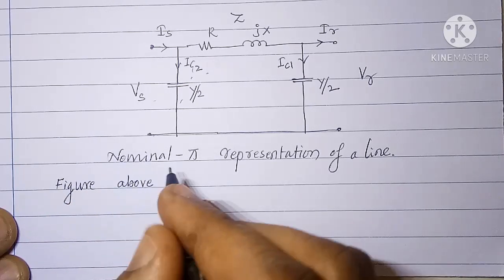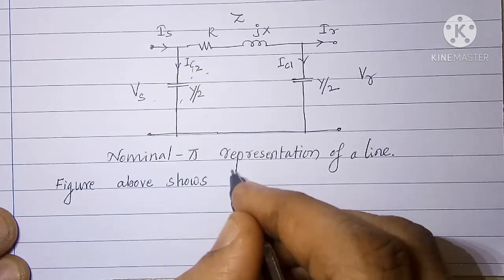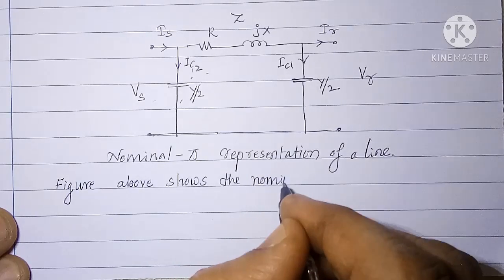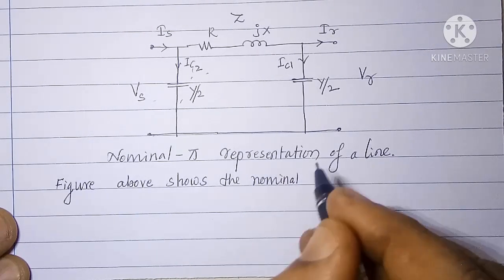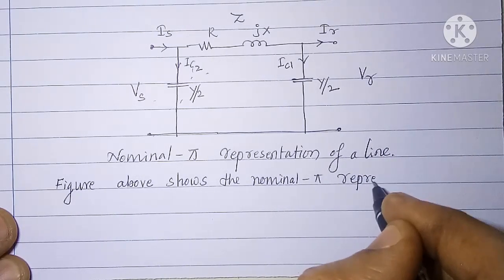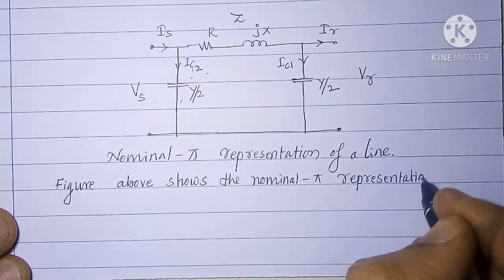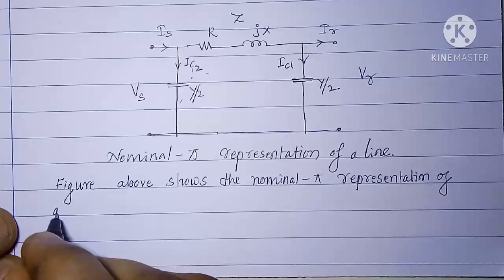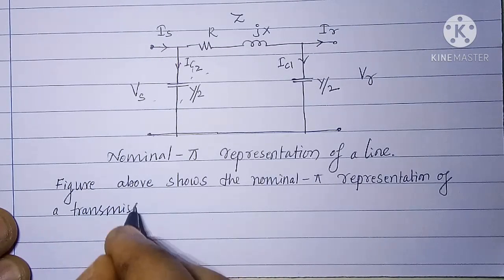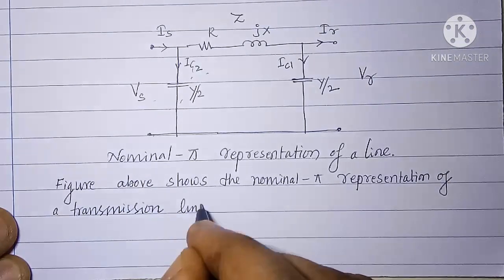Figure above shows the nominal pi representation of a transmission line.